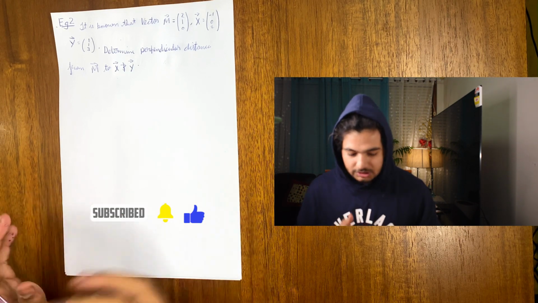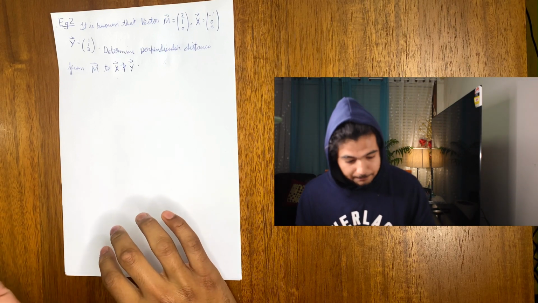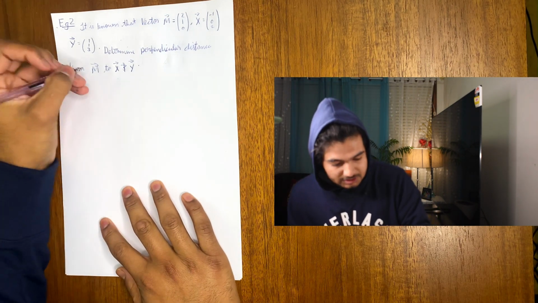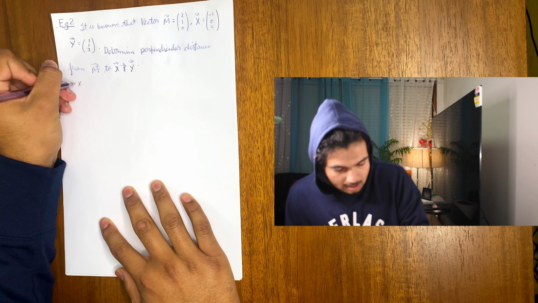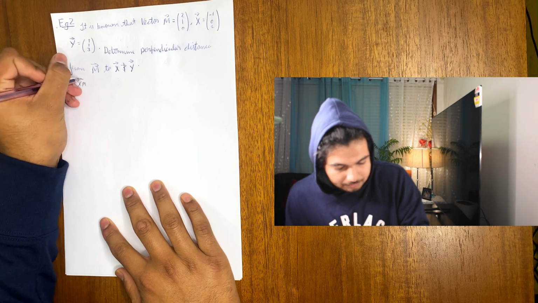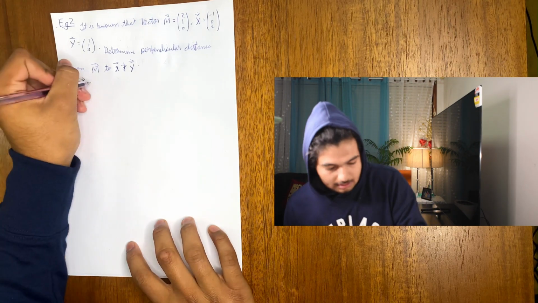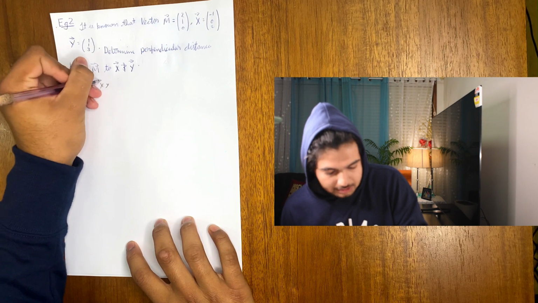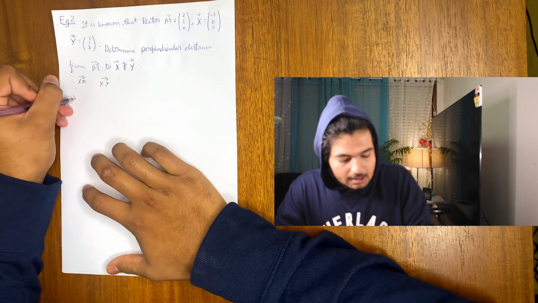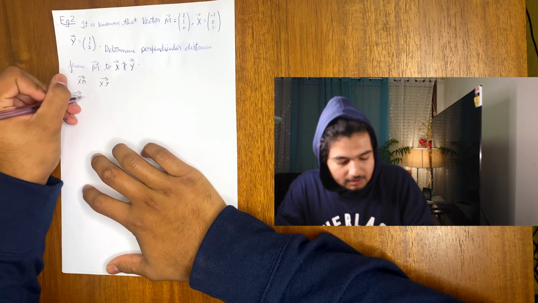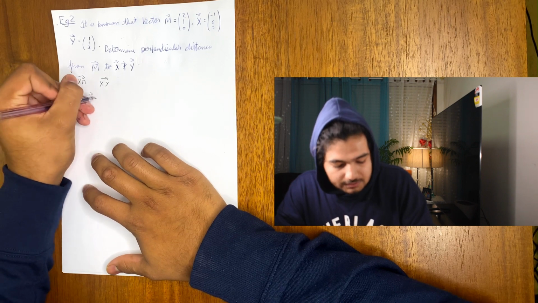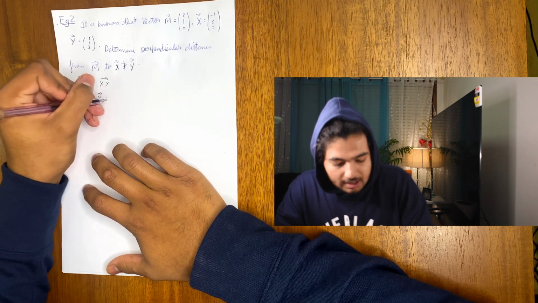So to start off, the first thing I will do is denote two vectors, vector xm and vector xy. Find what these two vectors are. So xm equals vector m minus vector x, and we'll denote that as lowercase m.